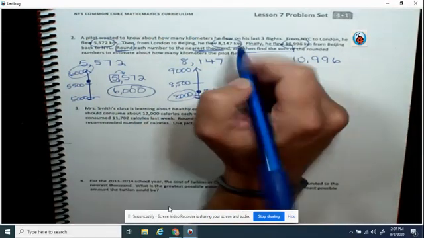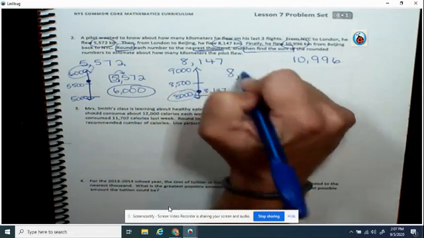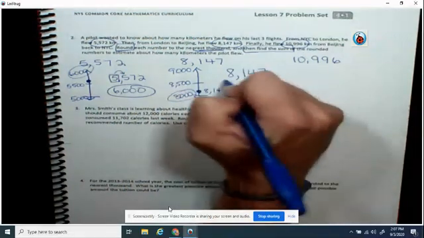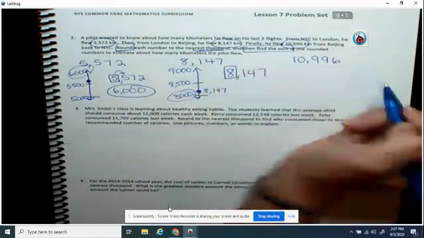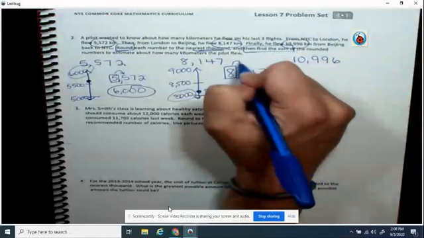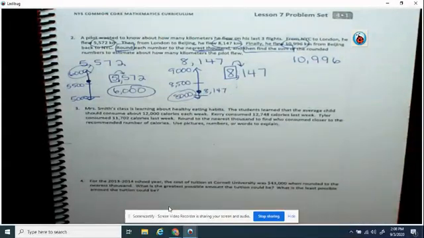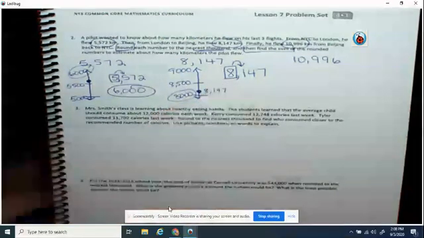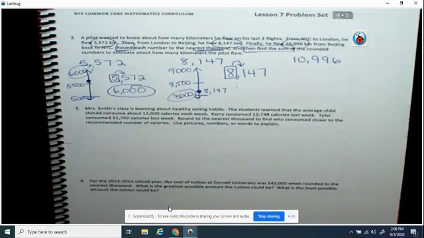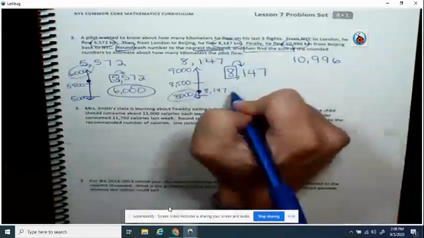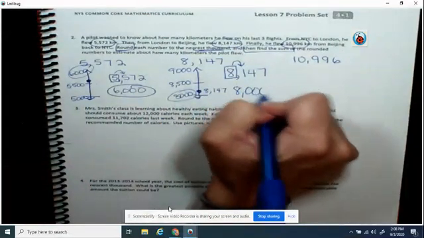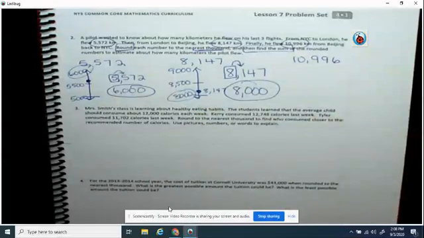Let's look at this like this. We're focused only on the thousands place, and we look next door, it's a 1. Okay, if it's 4 or less, we round it down, or we just leave that number in the box we're focusing on alone. So we're going to leave it alone, and it's 8,000. That's what we would round it to.